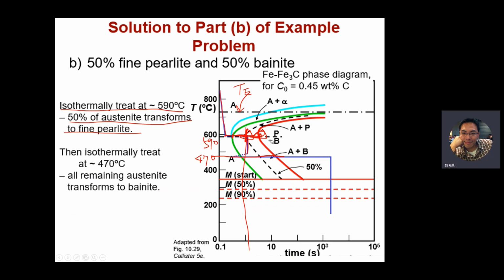So at this point, we get 50% pearlite and 50% bainite, because the remaining austenite transforms to bainite.